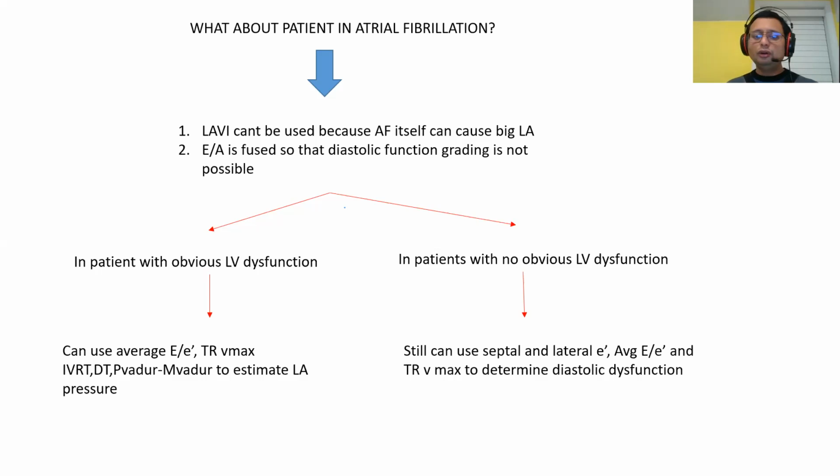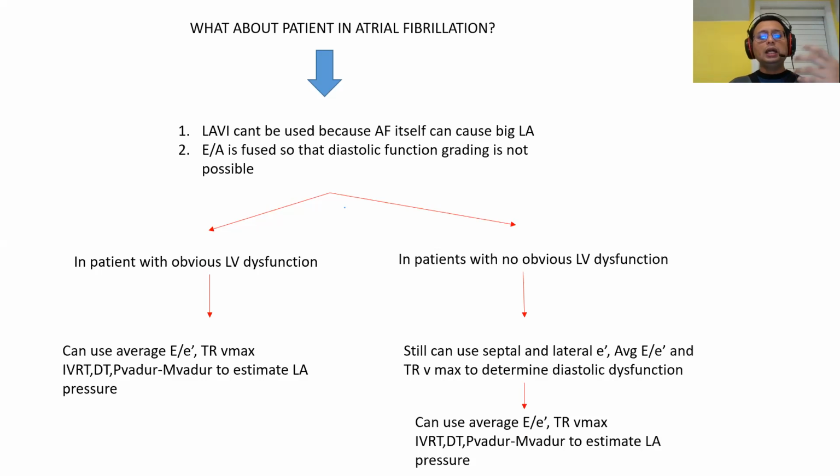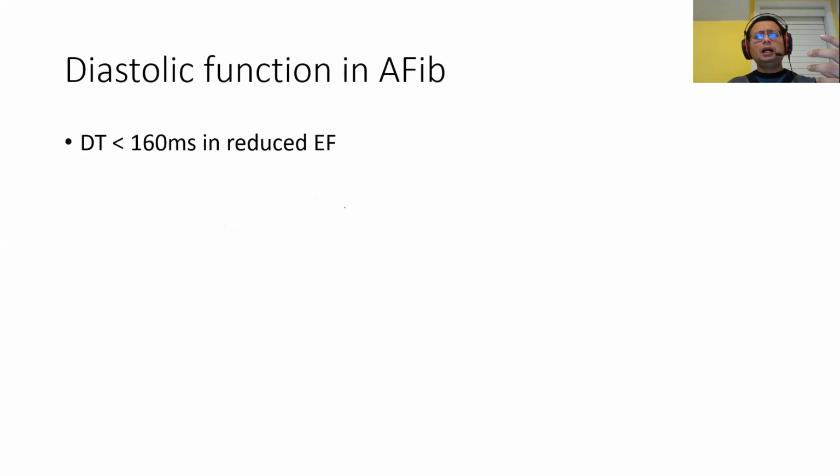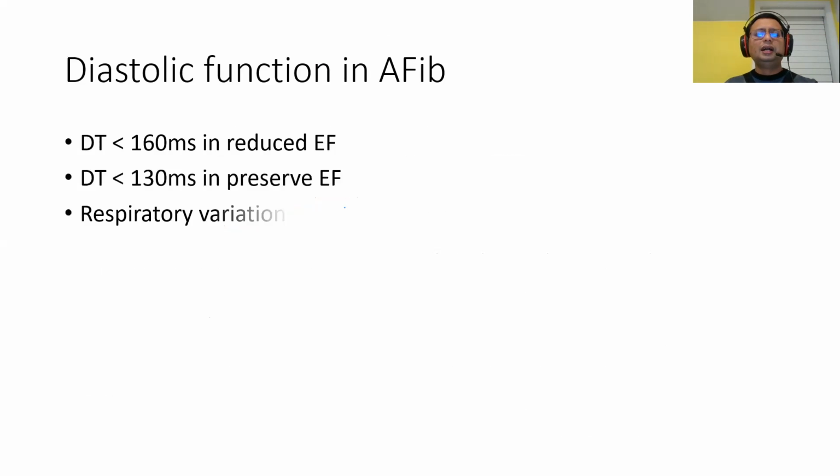In patient with no obvious LV dysfunction, we go to algorithm 1 first. Our only disadvantage is we cannot use LAVI, but we can still use the other parameters to determine whether the patient has diastolic dysfunction or not. Okay. Now, you can use all these parameters that I told you before in atrial fibrillation, deceleration time less than 150 millisecond or 160.